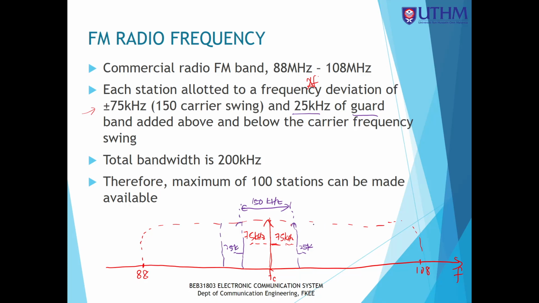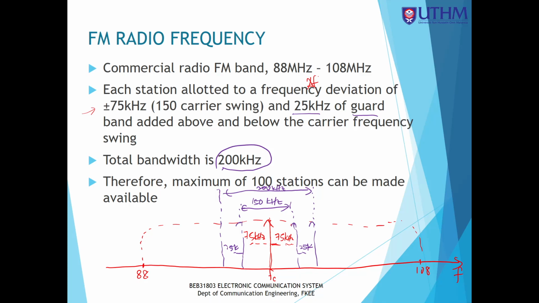That's why the total becomes 200 kilohertz for each radio station. So each radio station's bandwidth is 200k. Now the question is, how many radio stations can we allocate inside the FM band?